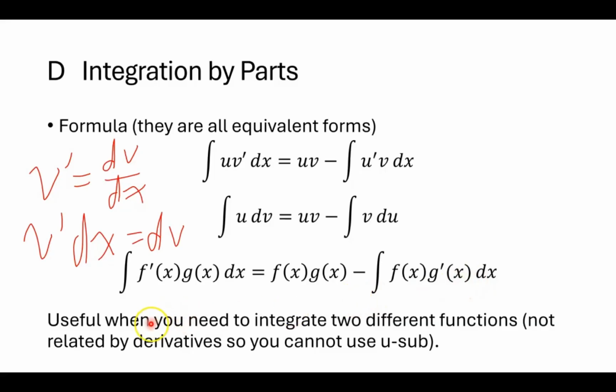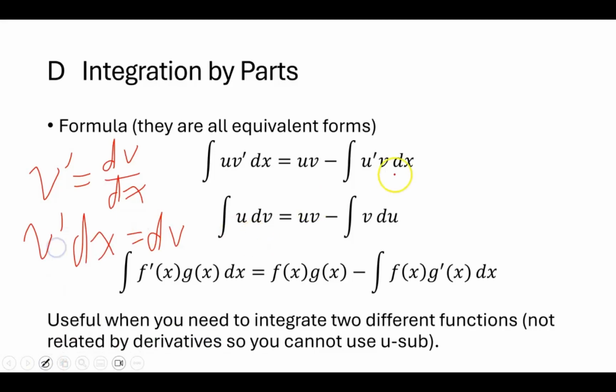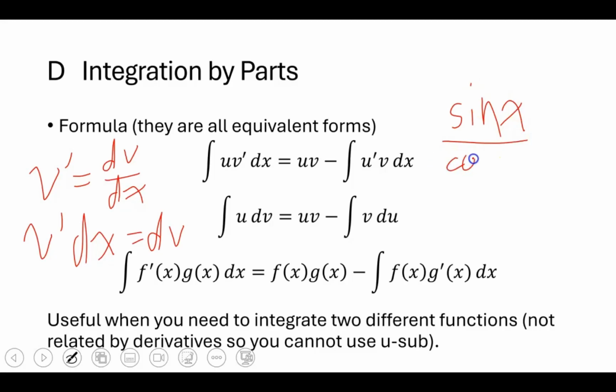So this integration by parts is useful when you need to integrate two different functions, and they are not related by derivatives, so you can't use u sub. What does this mean? If you have to integrate sine of x divided by cosine of x, this is technically two different functions multiplied together, because dividing by cosine is basically multiplying by the reciprocal of cosine.